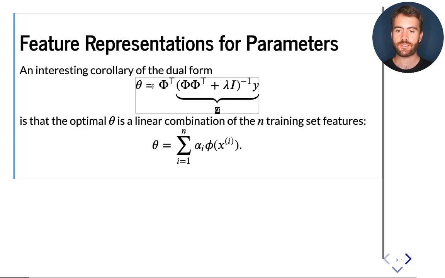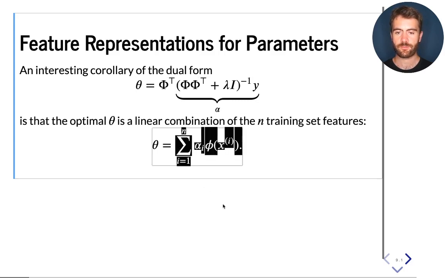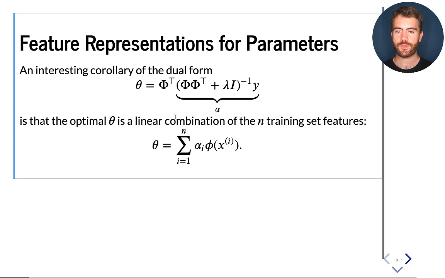And now we can see that our set of parameters theta is nothing but the product of the feature matrix phi transpose with this new vector alpha that I defined. And in fact, we can write it out in a more explicit form like this. So theta is going to be the product of phi transpose times the vector alpha.